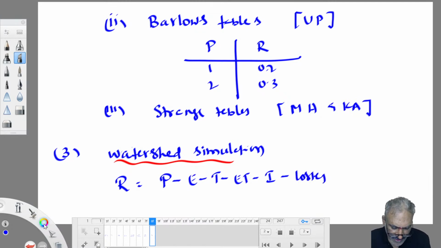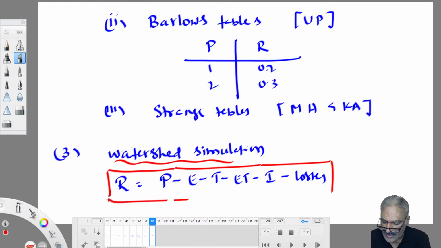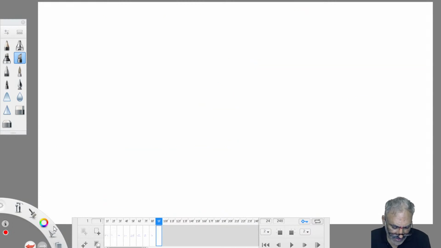But you have to work out these many parameters in a catchment. If you manage to work out all of them, this is the best and most accurate method for a given catchment, because all these components are measurable. Rainfall, evaporation, transpiration, evapotranspiration and infiltration you can measure, therefore you can arrive at runoff. But these many parameters are required.